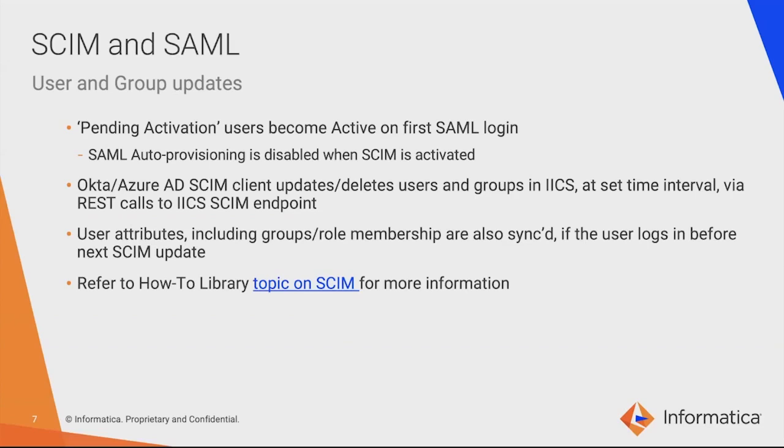You would use the token, create an app, and provision the groups to be pushed into IICS from either of these tools, and then you can also sync users, for example, to Informatica. So the concepts are going to be the same. It's just how you would do it as part of the tool that is the only difference.